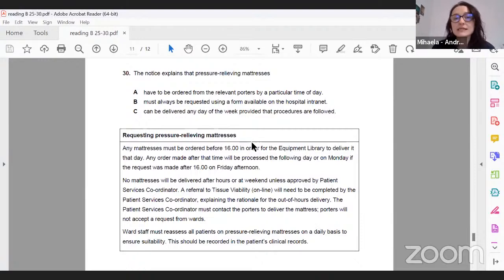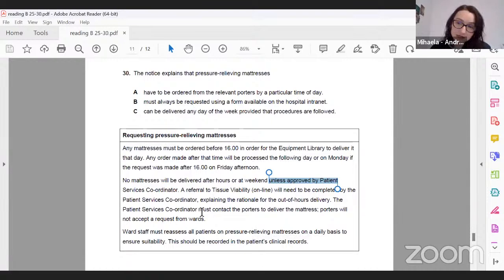Okay, well, it doesn't say anything about a form to order the mattress. You just contact the porters, but you have to do that before 4 p.m., right? By a particular time of the day. And I think that is the standard, but the standard also has exceptions after hours or at weekends if they are approved by the patient service coordinator.